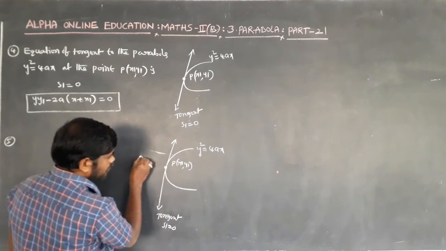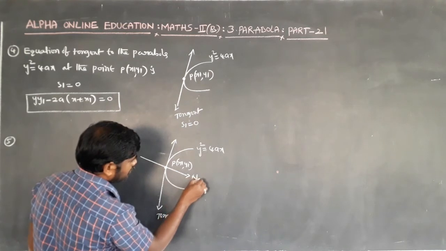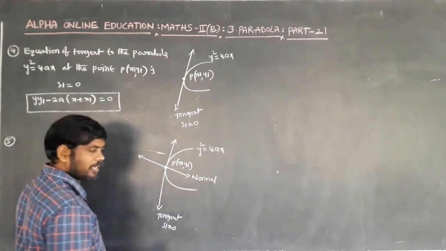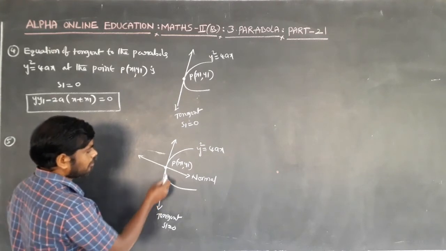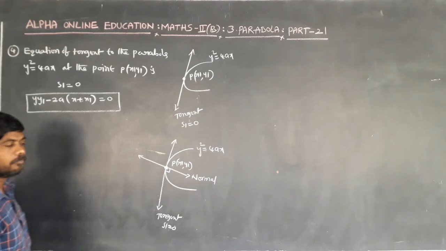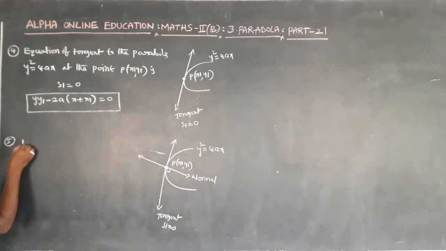Next one is the equation of the normal. Normal means perpendicular to the tangent and passing through the point P(x1, y1).